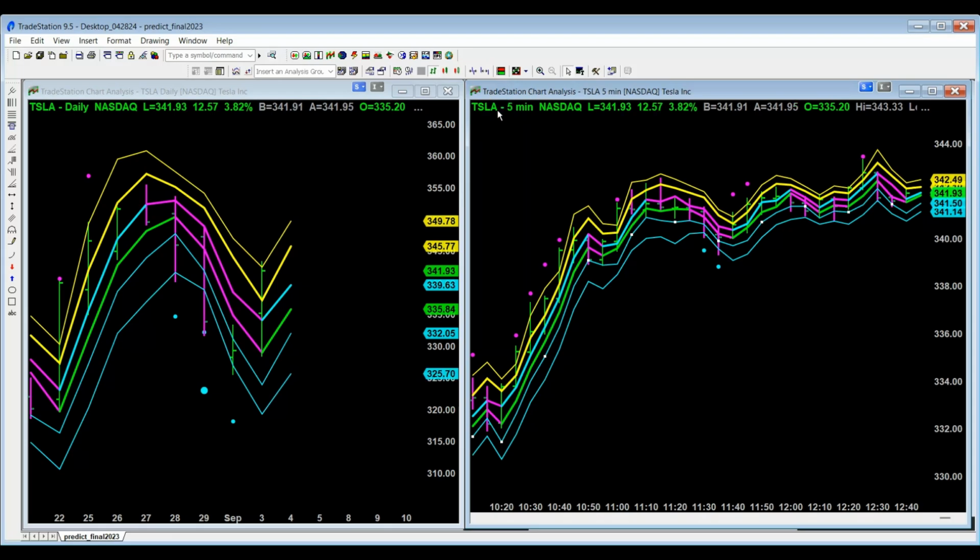And you see for this 5 minutes chart, during this period, it opened around $332 and had a very good increase all the way to around $342. During this increase, almost $10, this is a very beautiful uptrend.